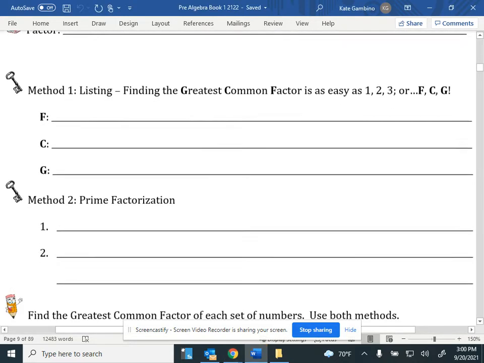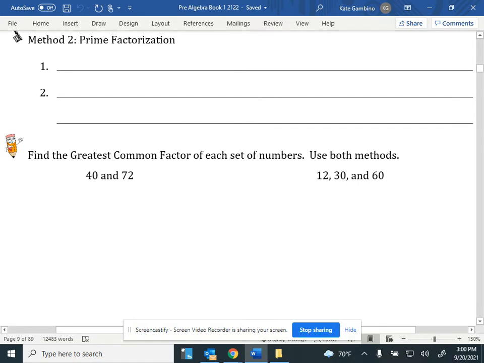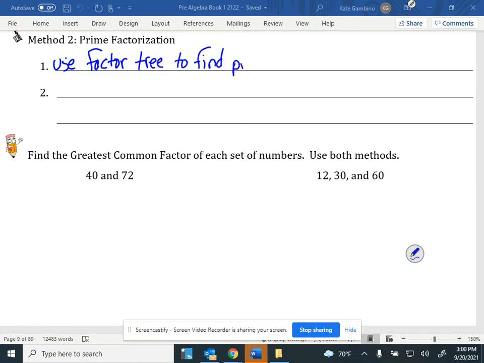All right, let's look at our second method. That is the prime factorization. So to do the prime factorization, we use a factor tree to find the prime factors of each number.